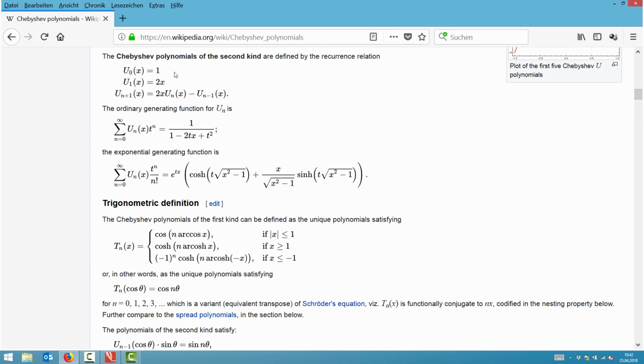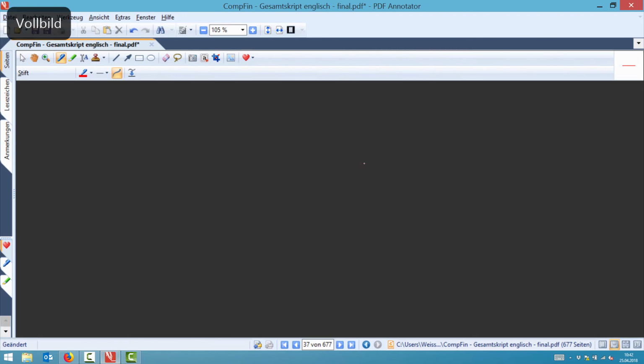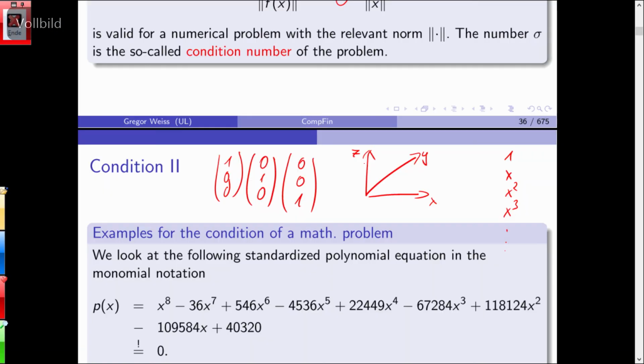For example, the Chebyshev polynomials of the second kind are 1, 2x, and then 2x times U_n minus U_{n-1}, so you construct them recursively. You can also use Legendre polynomials, Lagrange polynomials, and so on. There are several famous and different basis polynomials.